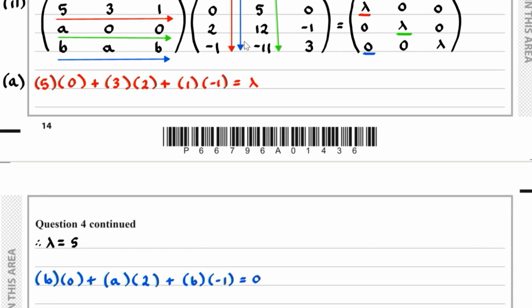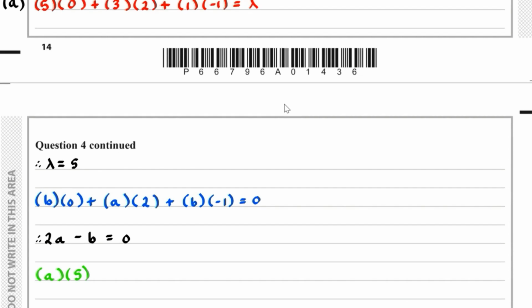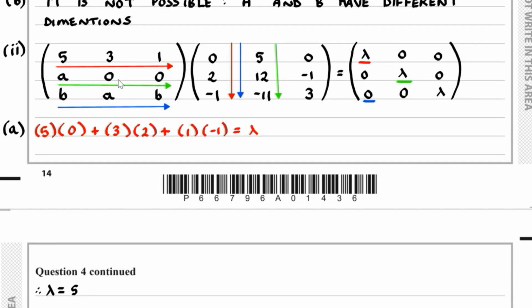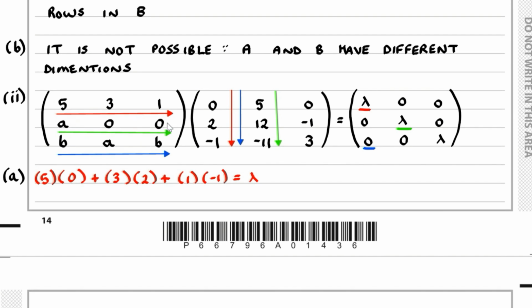So we have A lots of 5, and then we have 0 lots of 12, and then we have 0 lots of minus 11.